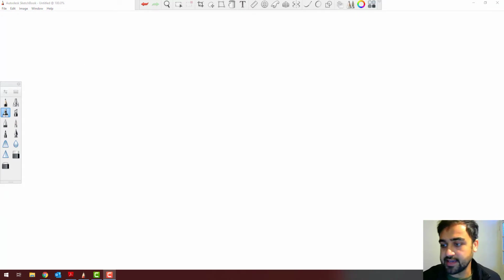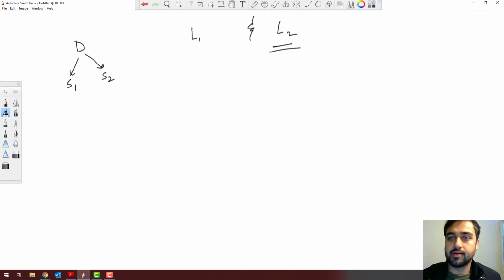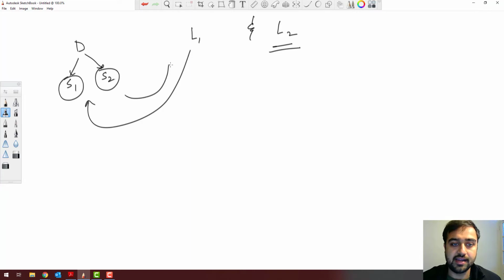So let's say we have a data set D and we take two samples out of it, S1 and S2, right? We have two learning models, L1 and L2. If the output of the model is the same or very similar for both of these samples, S1 and S2, from the same data set, we say that such an algorithm is a stable algorithm, right?